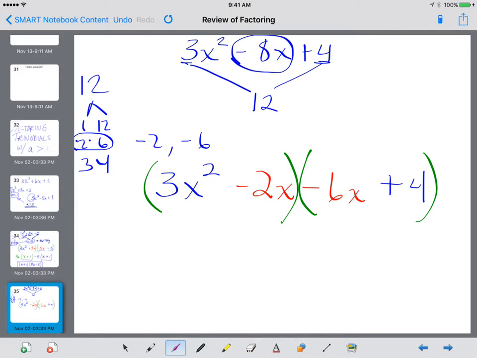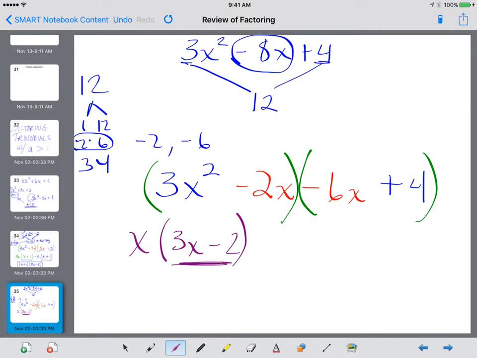So 3x squared minus 2x. I can't divide 3 and 2 by anything alike. The only thing they have in common is an x. So I factor out the x, which leaves me with 3x minus 2 on the inside. Now when I go to factor negative 6x plus 4, I know that in the middle I want to get 3x minus 2. So let's think. Negative 6, positive 4.